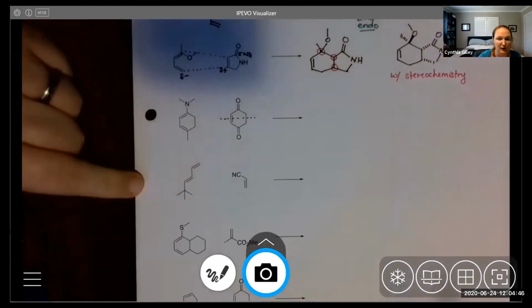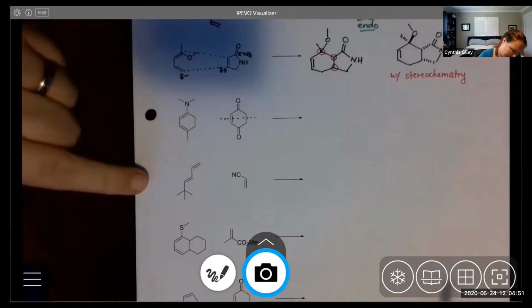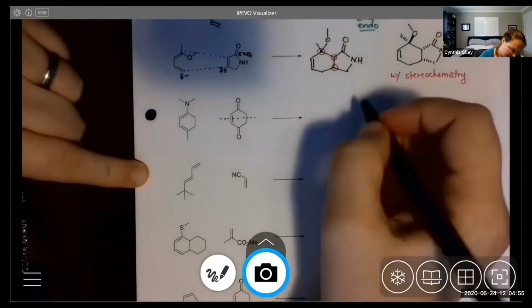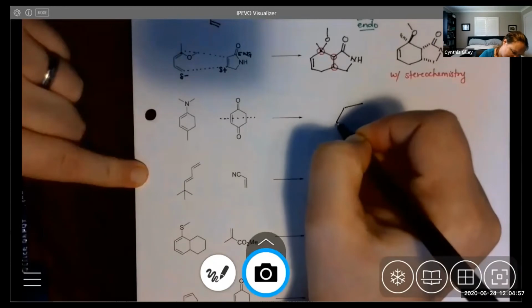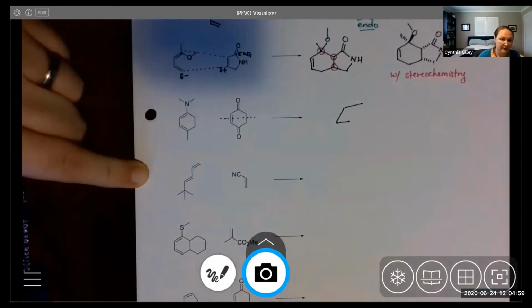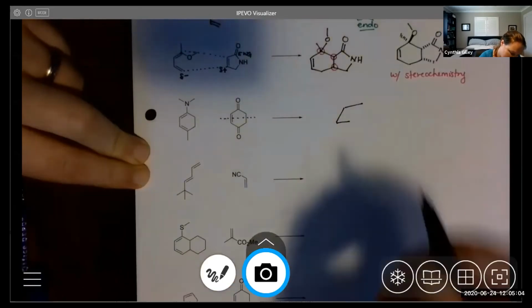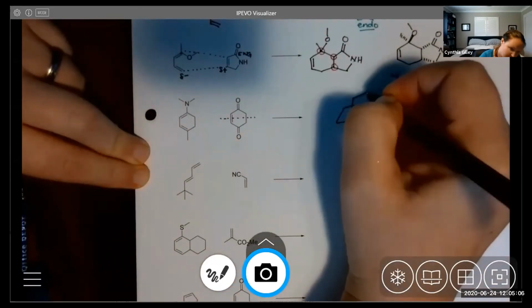Now we're forming a 3rd ring. So remember that we kind of sketch in, start like this, and then I have a 2-carbon bridge here.